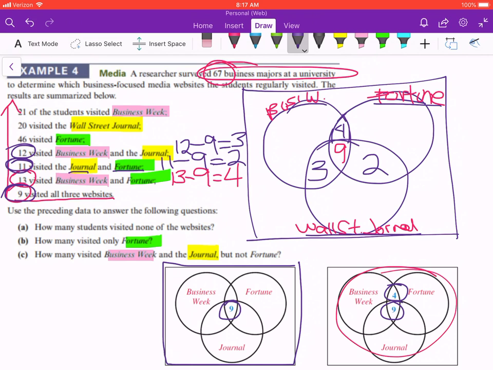Now we move on to the next statement, and it says 46 visited Fortune. Now, out of those 46, instead of placing them here, we need to subtract the 4, the 9, and the 2. Here, here, and here.